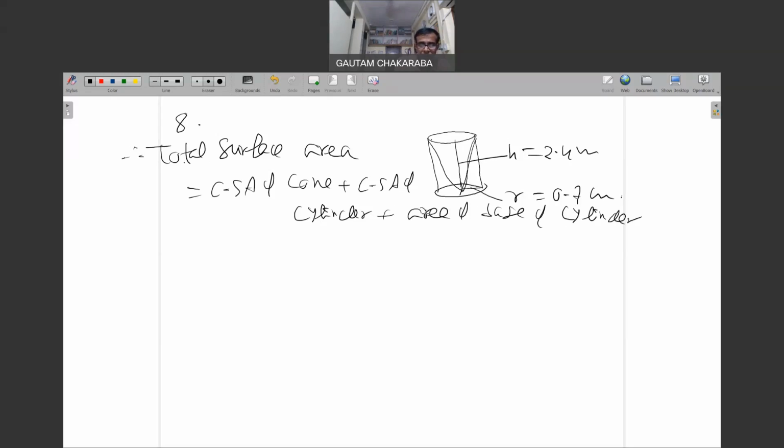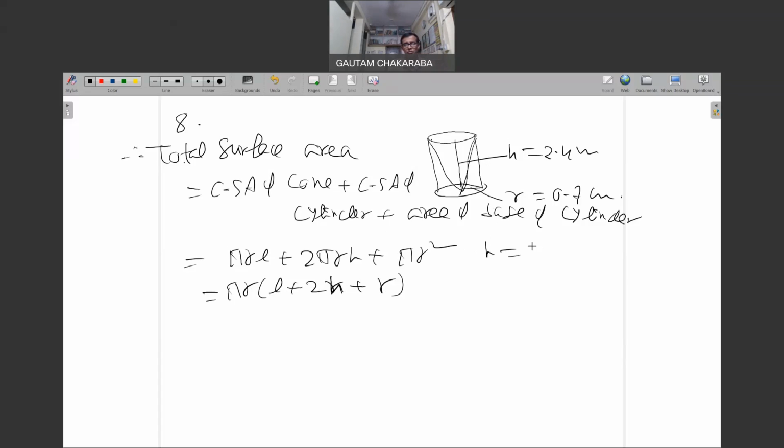Because this base is still closed, that is pi RL plus 2 pi RH plus pi R square. Pi R common, L plus 2H plus R. But L is not given, you find the L.